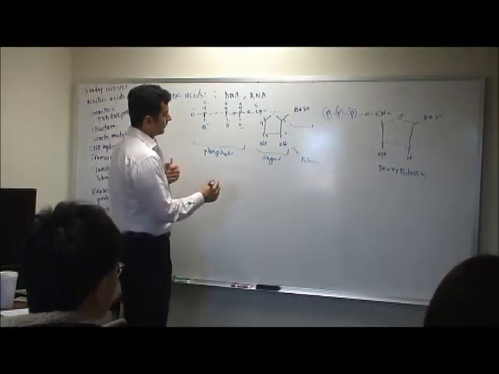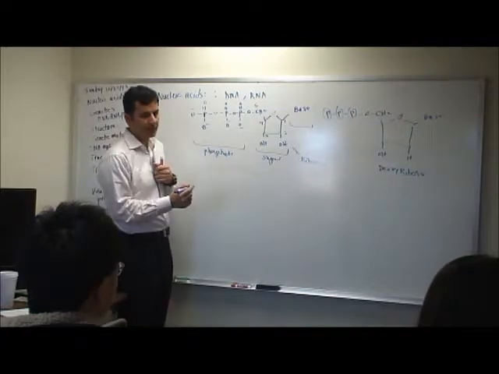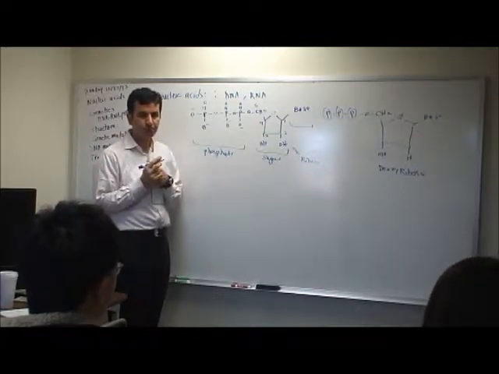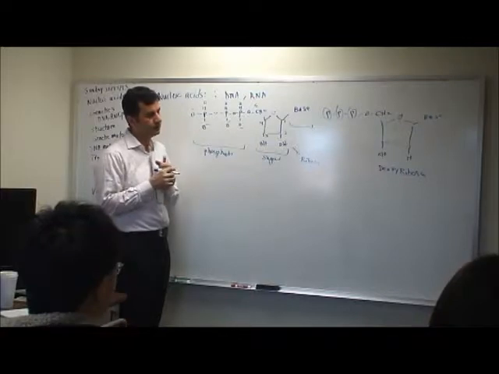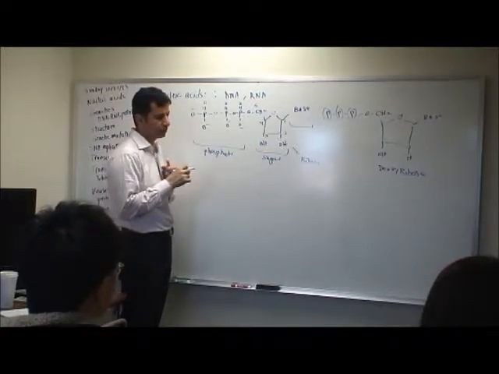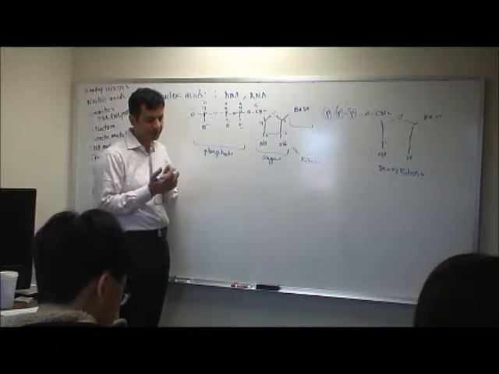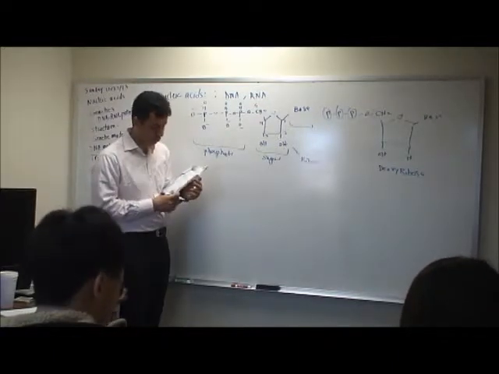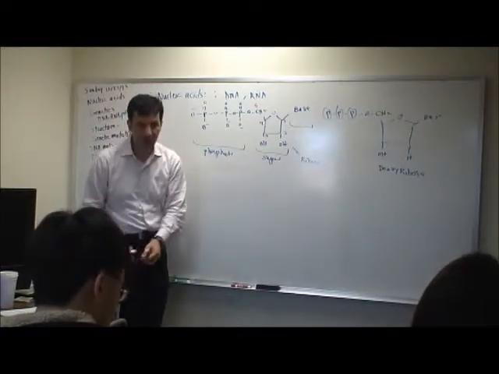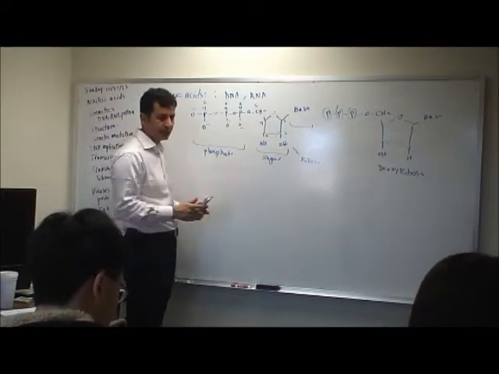Now, what is the charge of DNA? Negative. I'll come back to this a little bit more. If we pack DNA with some protein, with some amino acid, into chromatin, what kind of amino acid do you think you need to put next to this DNA?